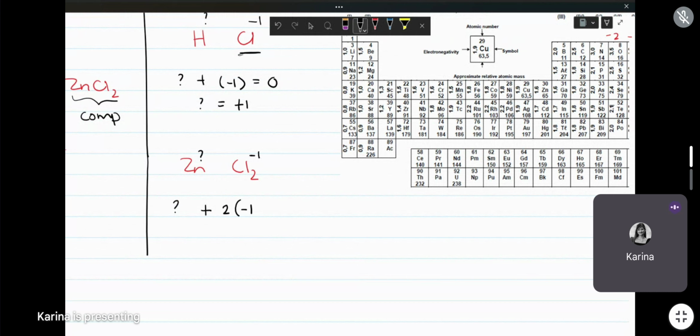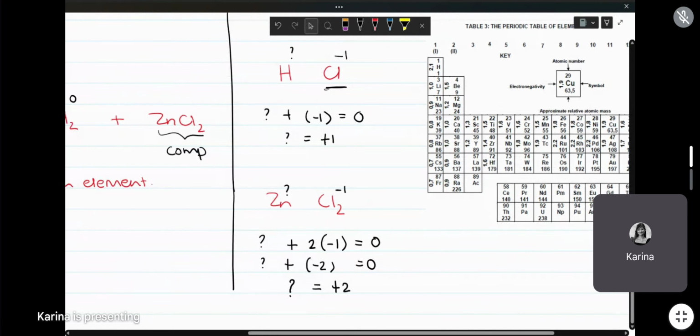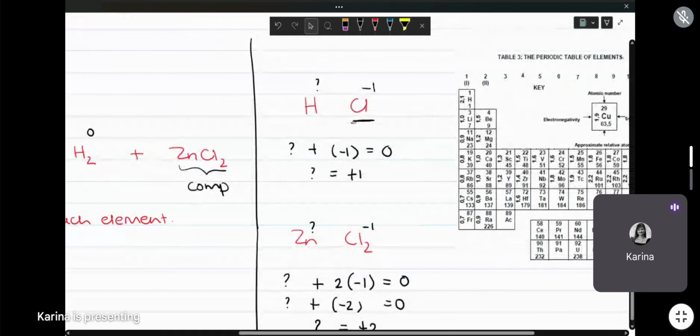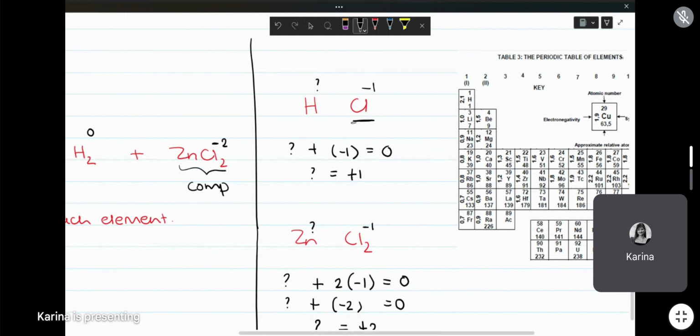So we're going to put a 2 here, times -1, giving us 0. Just be careful when you have these diatomic elements. So we would have plus, this will be a -2 equal to 0. So our unknown must be +2. So if we're looking at writing it down, we have a minus 2 and a plus 2.